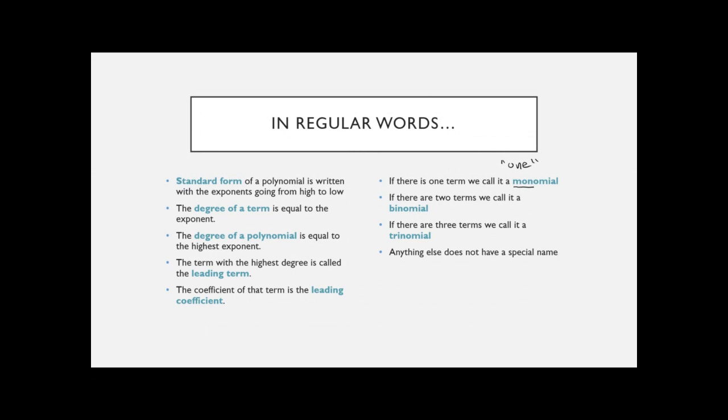If there are two terms, it's called a binomial, and bi means two, because like a bicycle has two wheels. And then 3 terms is called a trinomial, tri meaning 3, like a tricycle with 3 wheels. And then we don't have names for anything other than that. So anything higher than 3 terms we just call a polynomial. But there are special names for 1, 2, and 3 terms.